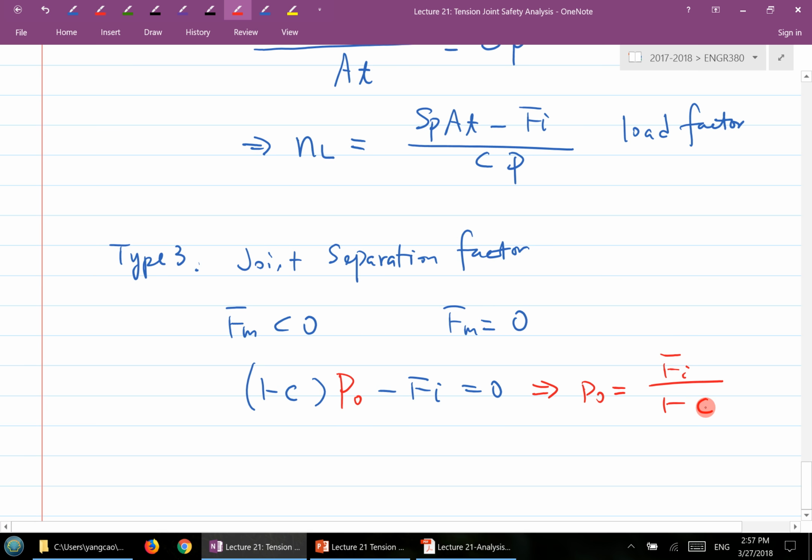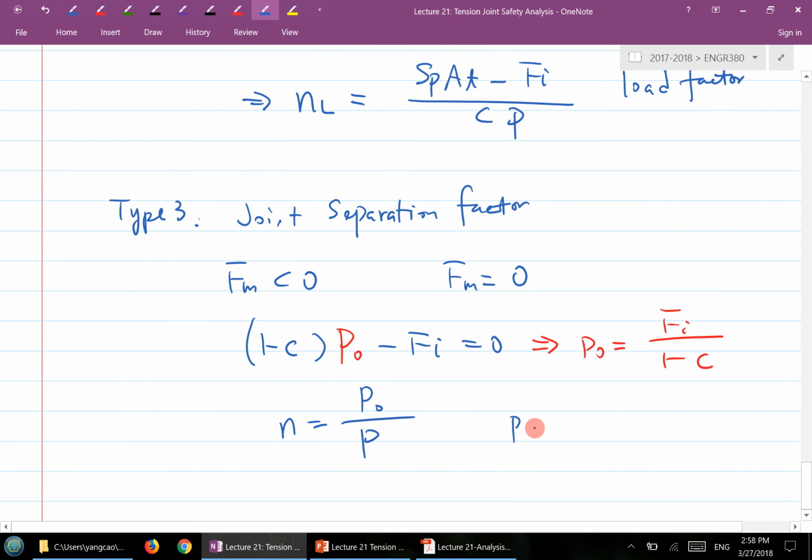Okay. So, of course, this is not the actual external load here. So you can use this P naught divided by the actual load P. P here is the actual external load.